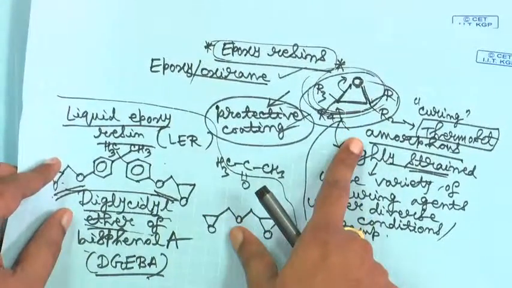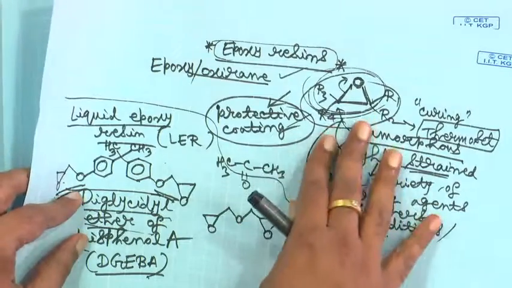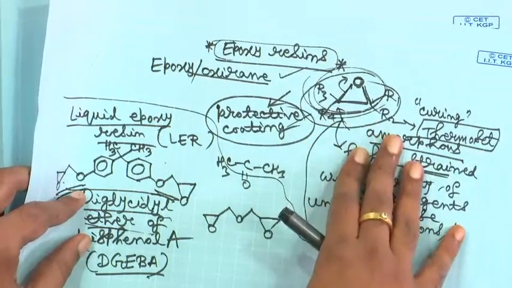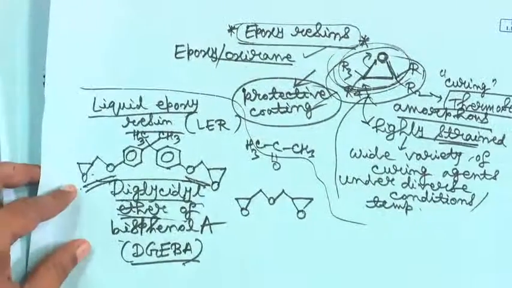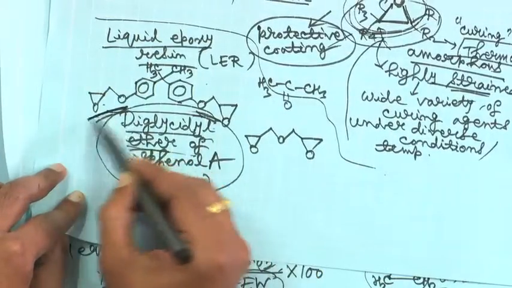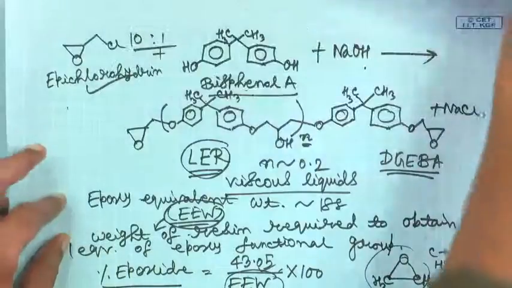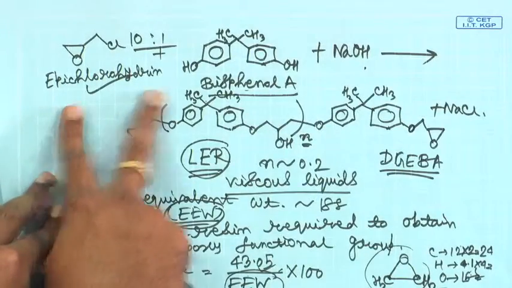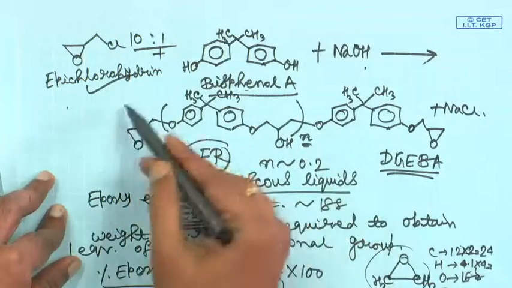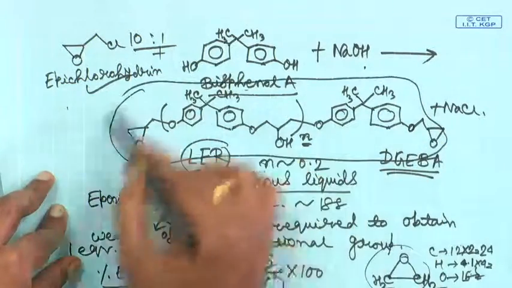So, to summarize what we have talked about epoxy resins until now: this epoxide linkage is a highly strained system, and this makes it versatile to be reacted with different curing agents under different sets of conditions and different temperatures. It is based on diglycidyl ether of bisphenol A, and this is your glycidyl ether linkage. You react epichlorohydrin with bisphenol A in the presence of sodium hydroxide to generate the final structure of the epoxy resin.